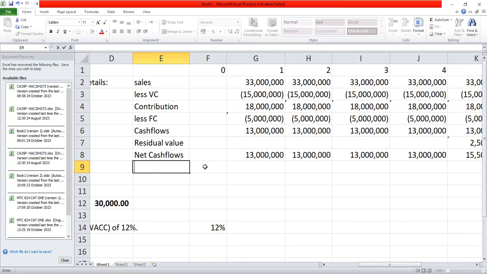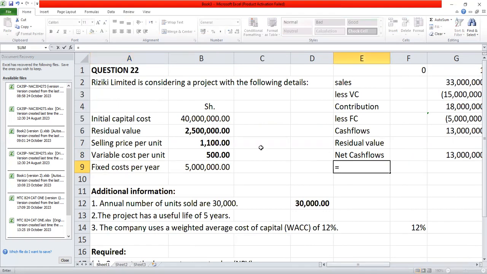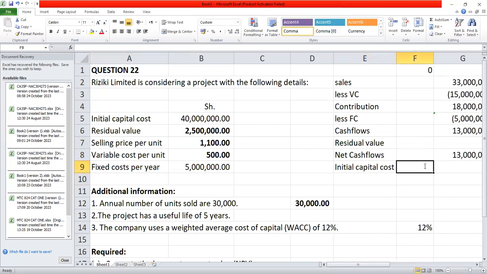Before that, we had the initial capital cost, if you look at the equation. This is 40 million, and it will be minus 40 million.